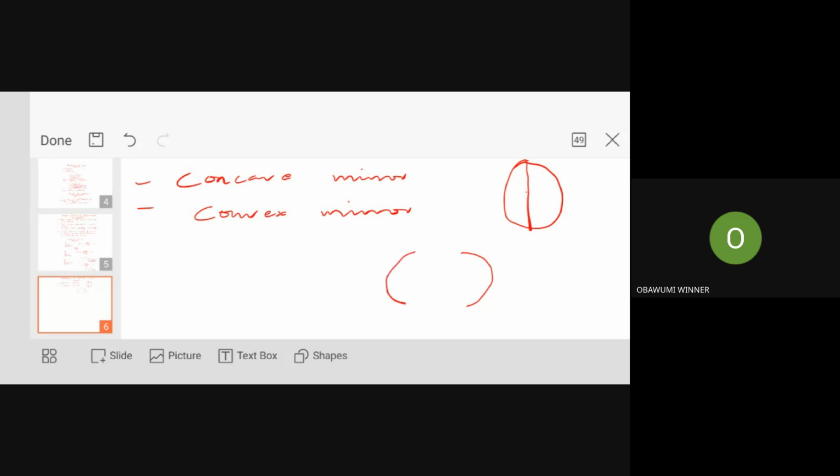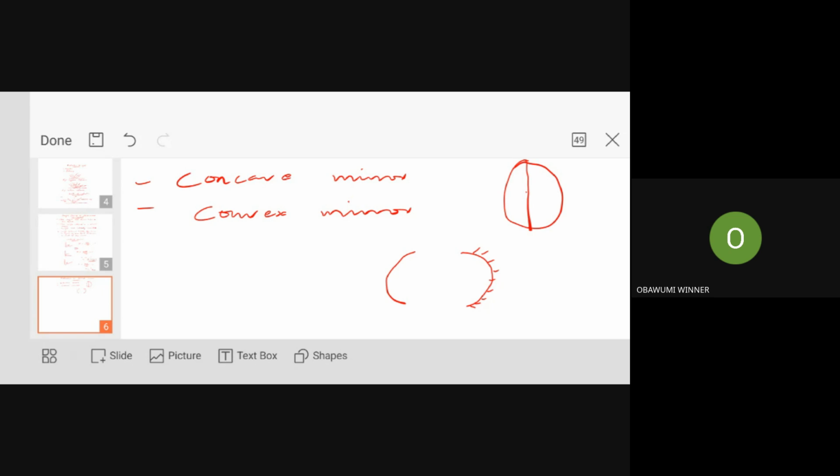If I silver coat this side, meaning I put a silver coating behind, then the inward side becomes the reflecting surface. What I have is called a concave mirror.